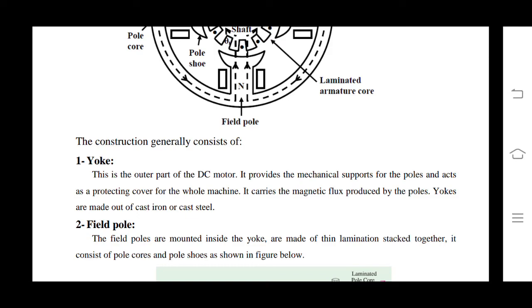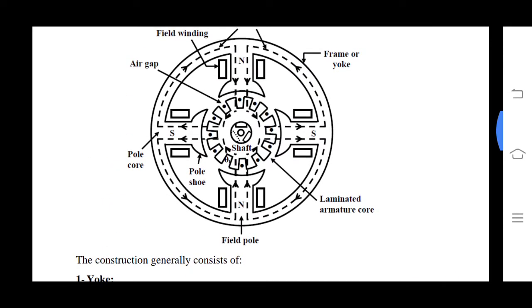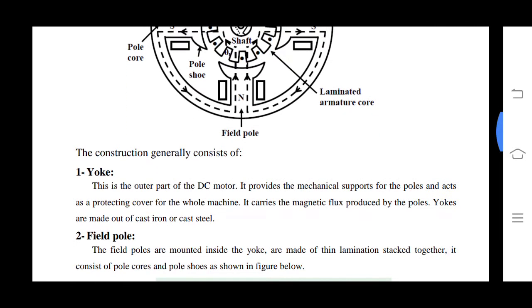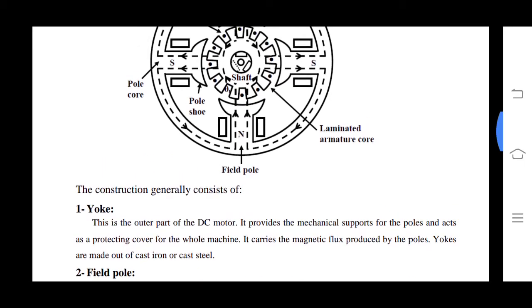It provides mechanical support to the poles, and it acts as a protecting cover for the whole machine. It carries the magnetic flux produced by the poles. Yokes are made of cast iron or cast steel.